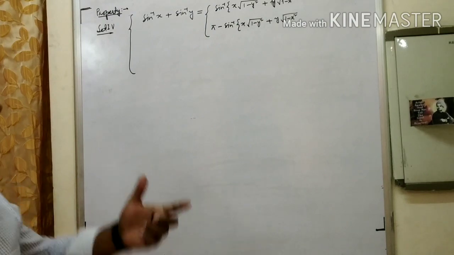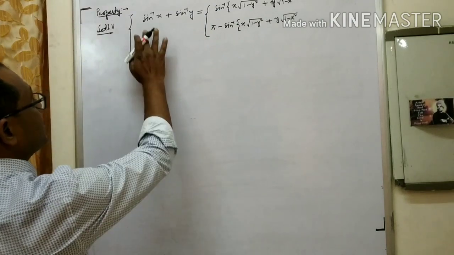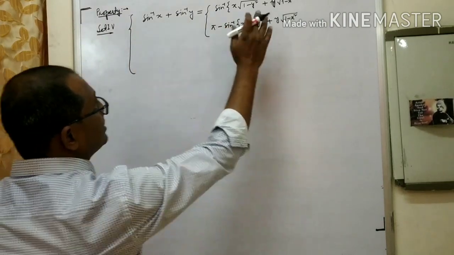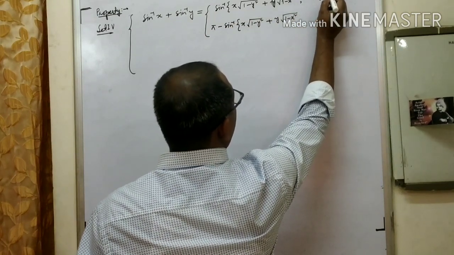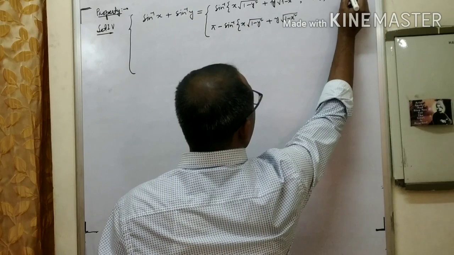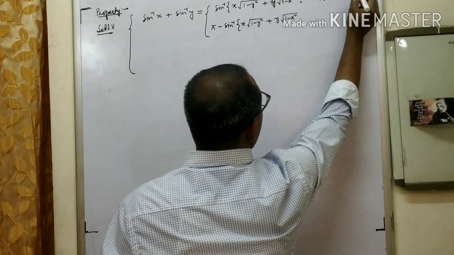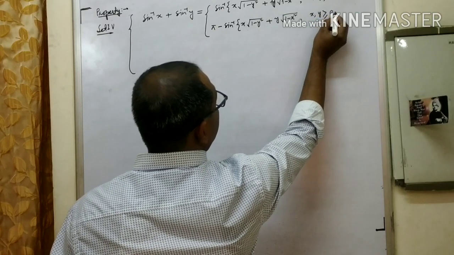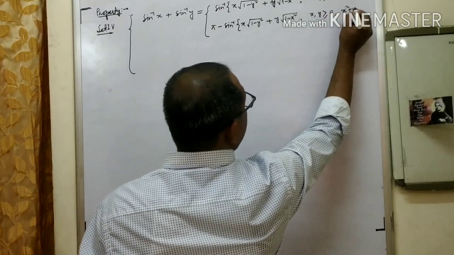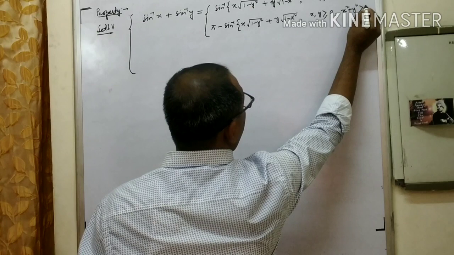The next property 4 is this: sin inverse of x plus sin inverse of y. This comes with a condition: x, y greater than or equal to 0 and x square plus y square less than or equal to 1. And here x, y greater than or equal to 0 and x square plus y square greater than 1.